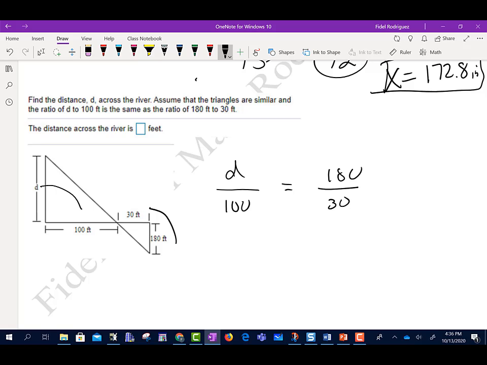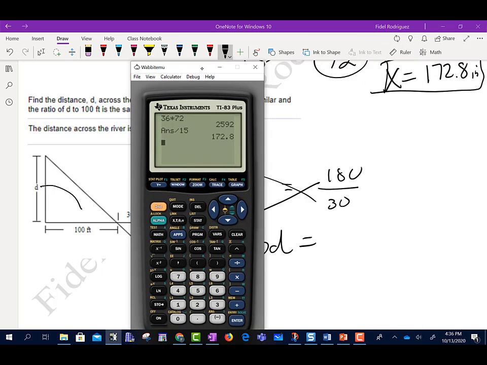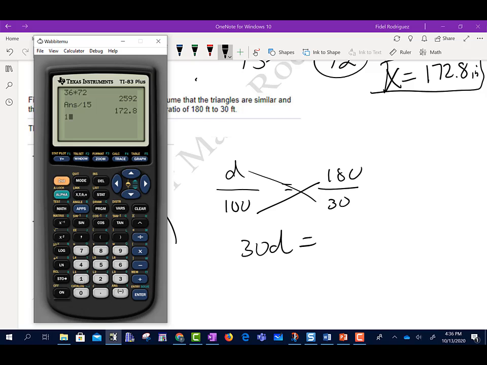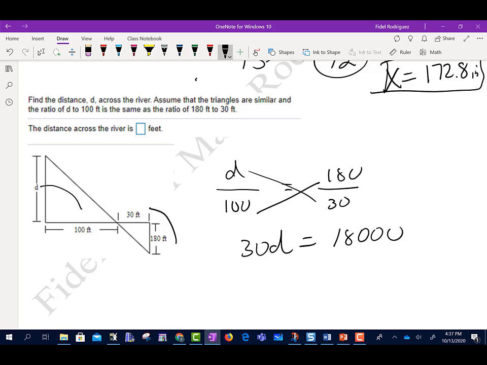Okay. And again, I'll just cross multiply. 30d equals, let's take our calculator, what's 100 times 180? Another big number, 18,000. And then we'll divide everything by 30.